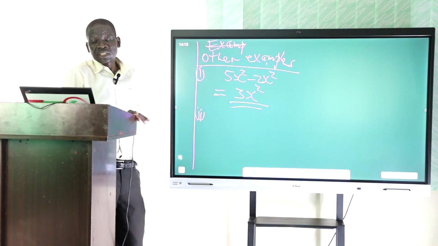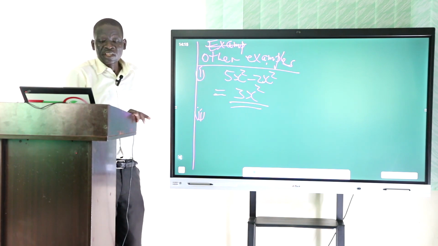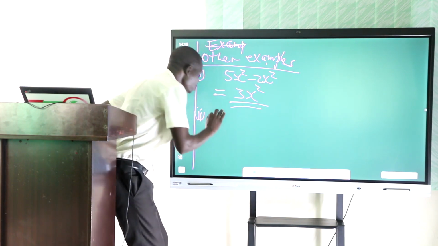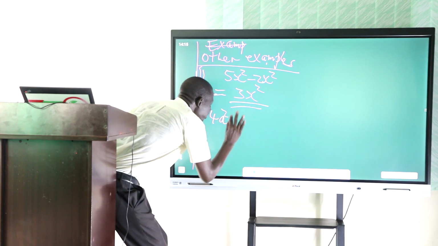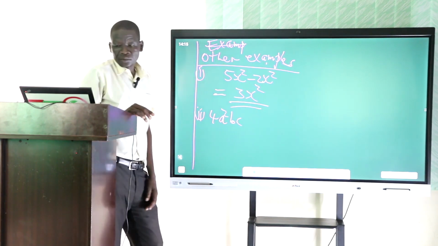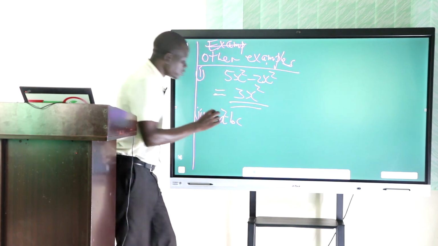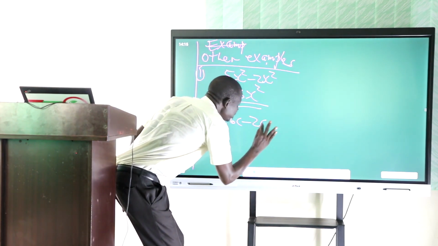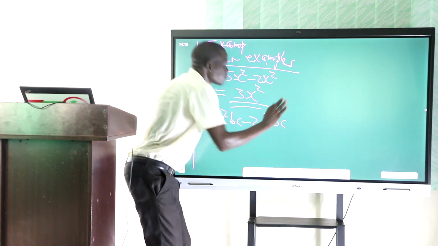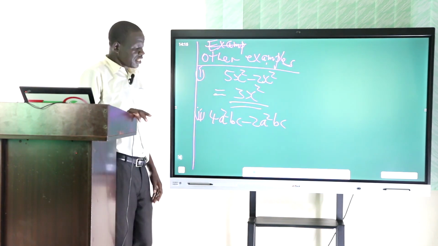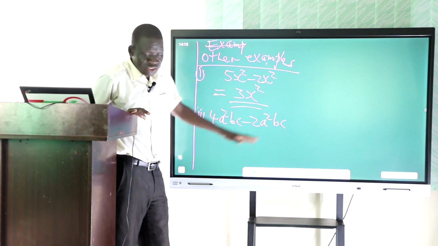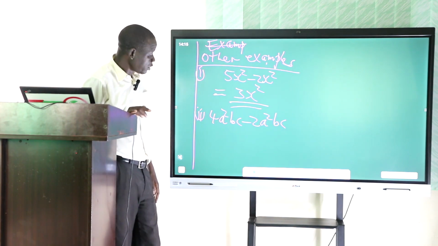Roman 2, the other one is 4a squared bc minus 2a squared bc. You can see that the expression still consists of the same variables.